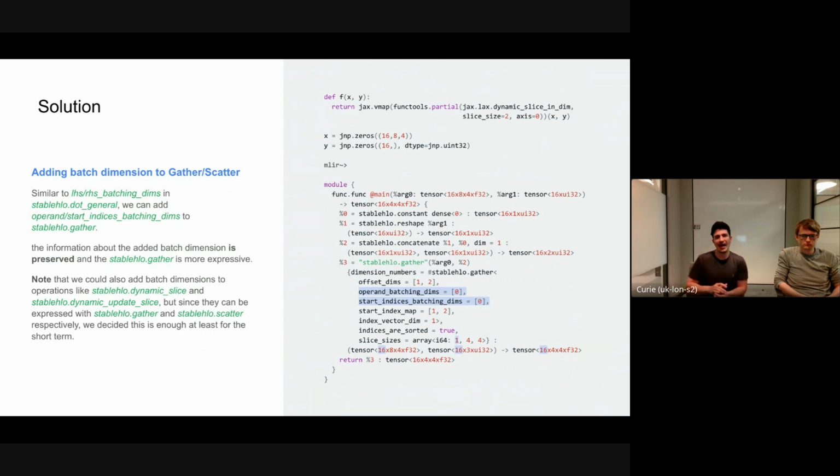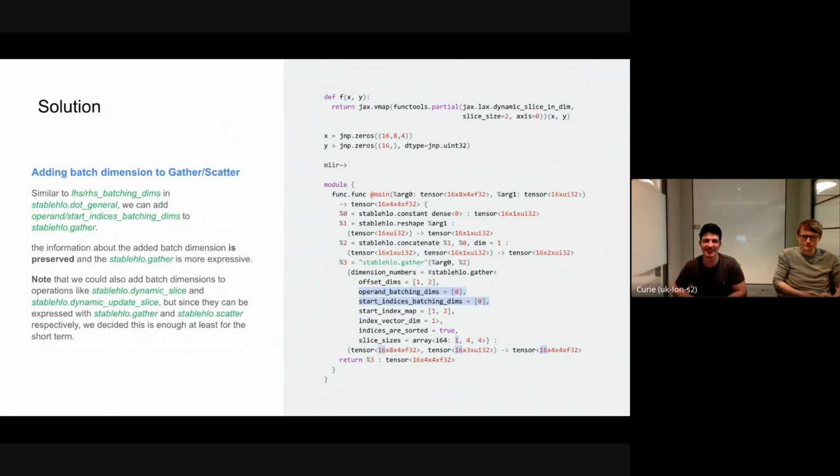So the solution is to apply the same thing to gather and scatter. Similar to how we have left-hand side and right-hand side batching dims in dot_general, we would have operand and start indices batching dims in gather. So when you vmap the dynamic slice, you would get this batching dimension explicit in the gather, and the information is preserved. You don't have the iota anymore, and the index vector dim is of size 2.